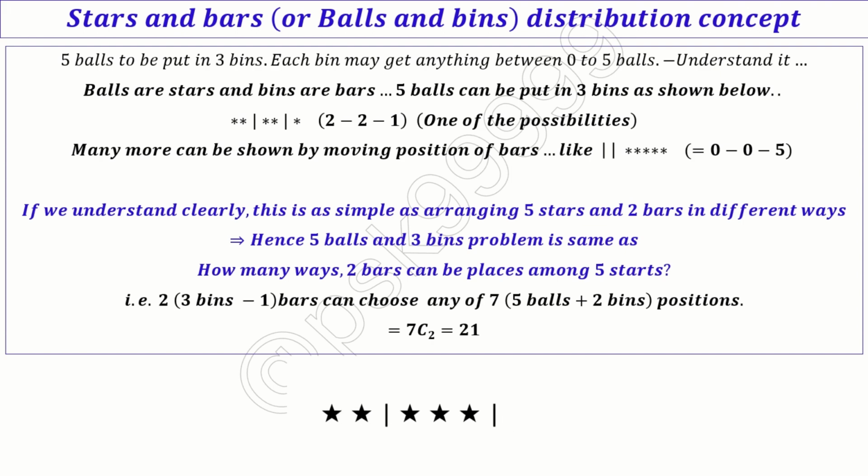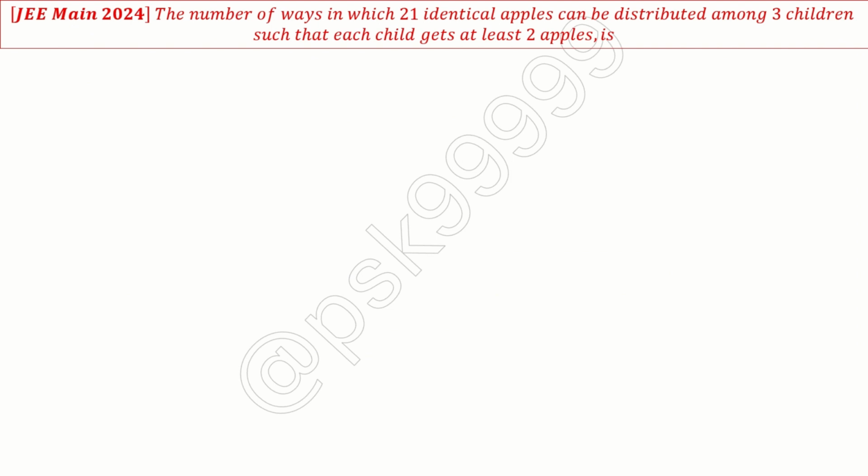Let's do some problems, then you will understand more about putting identical objects in different bins. Find the number of ways in which 21 identical apples can be distributed among 3 children such that each child gets at least 2 apples. This is a straightforward stars and bars question.